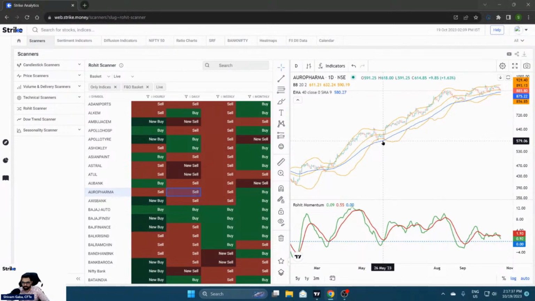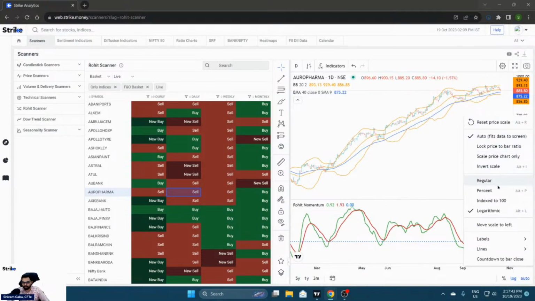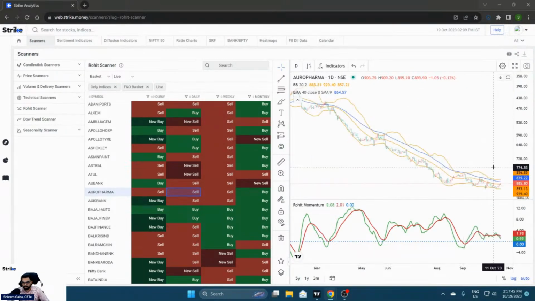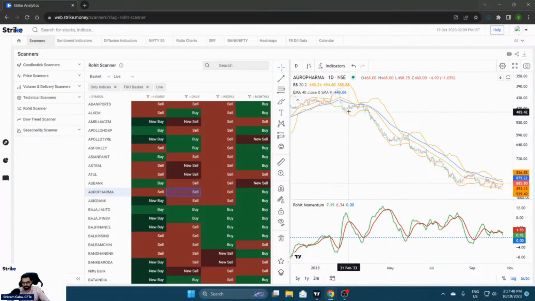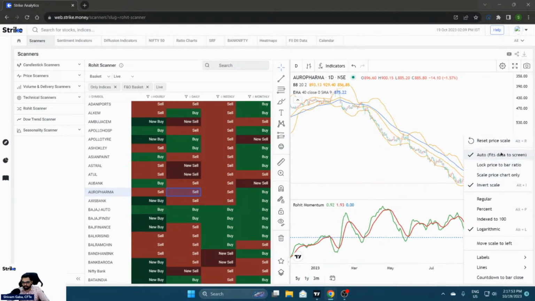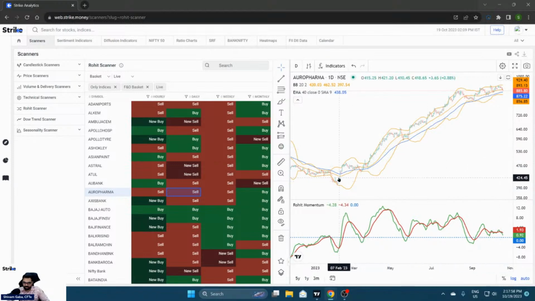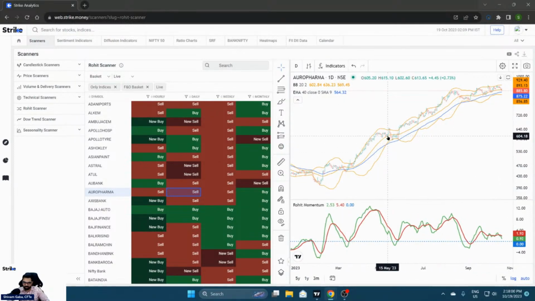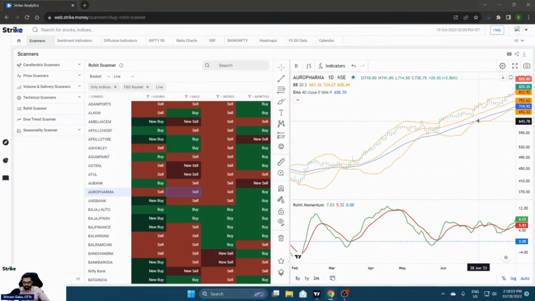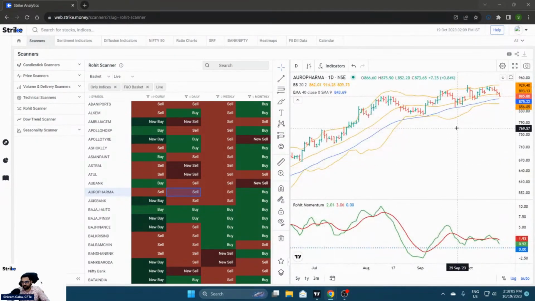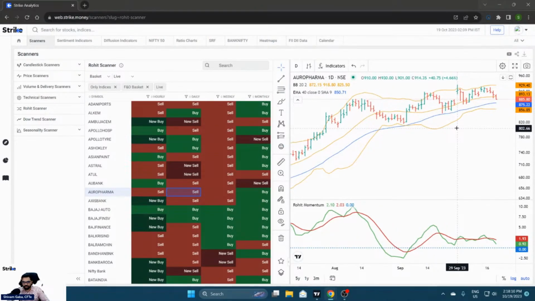What you would want to see in downtrend is the exact opposite of this. That is, if I invert this, then a chart like this, which goes down, bounces back to the upper band, and then again. So that is an ideal thing that I look for, because higher highs and higher lows, and lower highs and lower lows are the definition of trend by the Dow theory. So if Dow theory and the momentum are giving you the same signal, then the probability of going right increases.